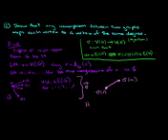Because V U1 is an edge of G, so sigma V, sigma U1 is an edge of H. And that same thing holds for sigma U2, and you keep going until you get to sigma of UR. All of these are edges in the graph H.